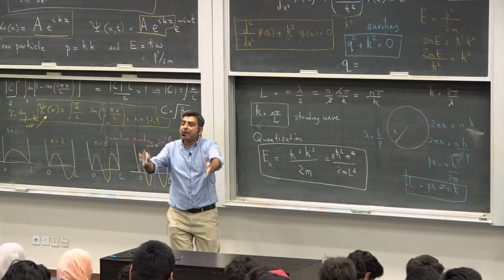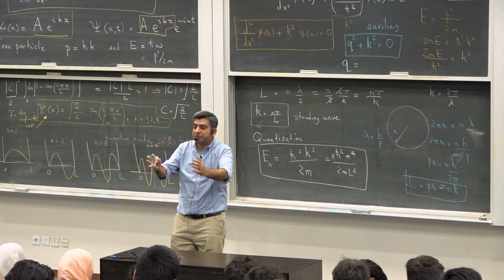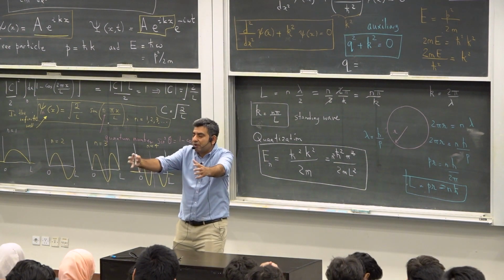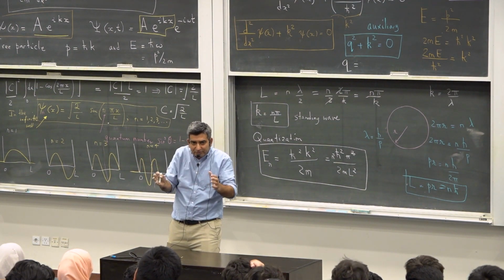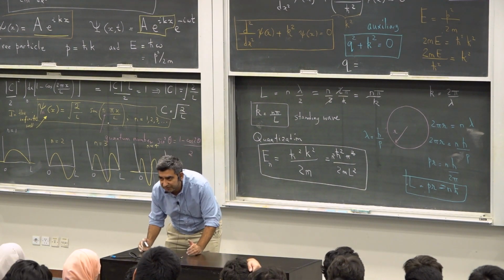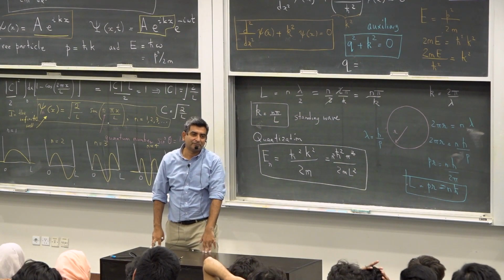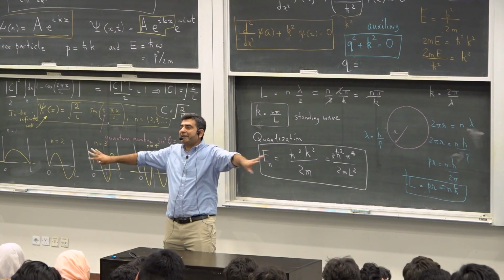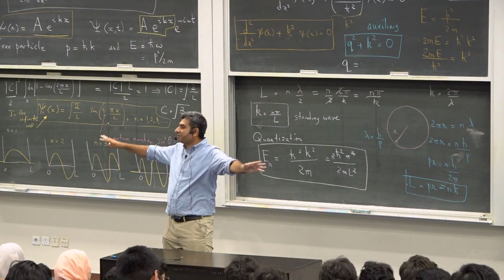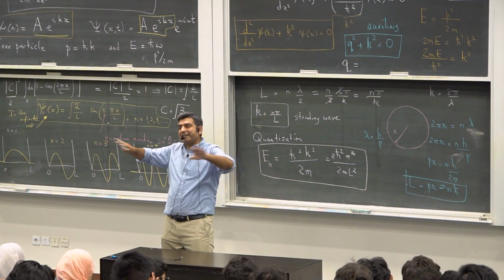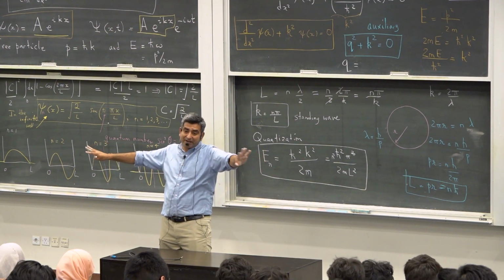Whenever we trap a particle, which means whenever we confine a particle to a particular region in space, its energy becomes quantized. A free particle is not confined in space. It can have any energy whatsoever. It can have any value of k whatsoever.